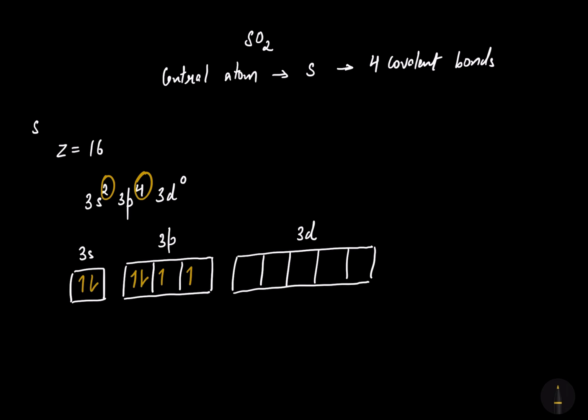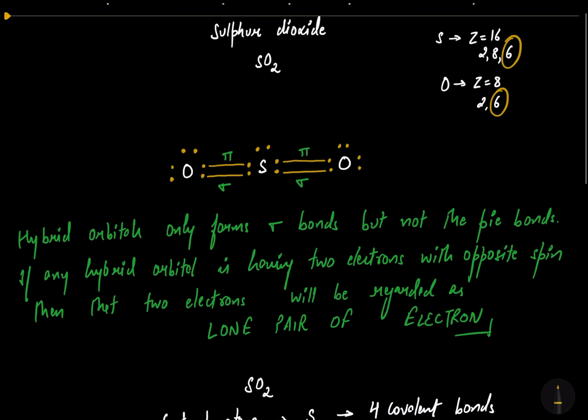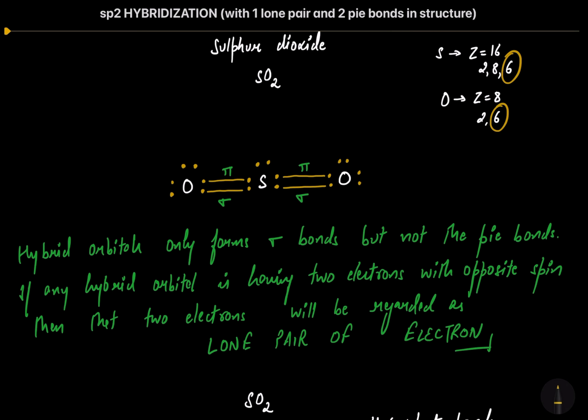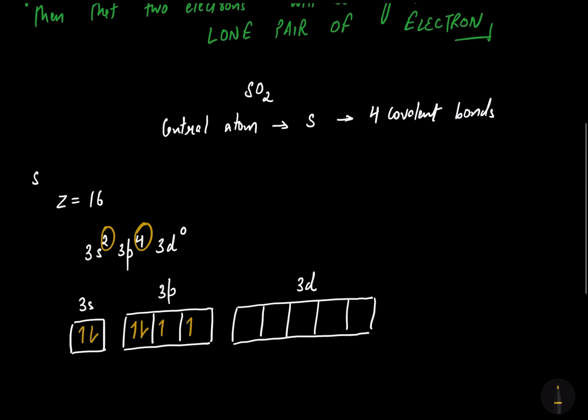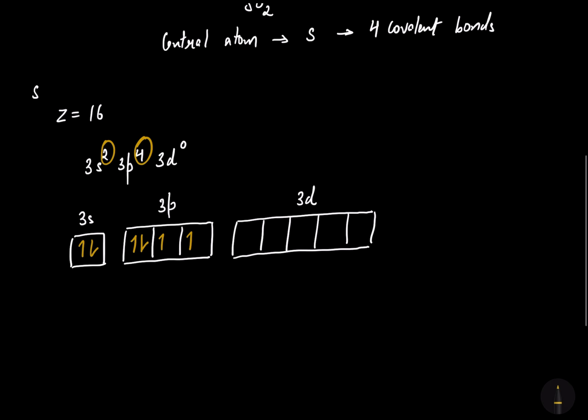Now let's come back to the Lewis structure. How many covalent bonds is sulfur forming? It's 4 covalent bonds. Sulfur is forming 4 covalent bonds. That means in the electronic configuration, there must be 4 orbitals containing 1 electron each.